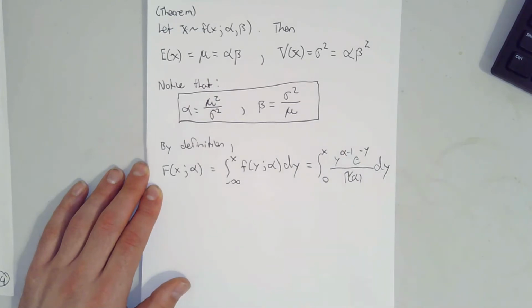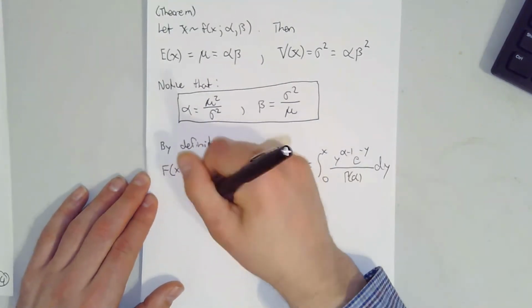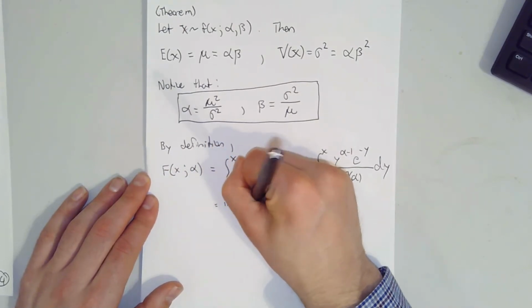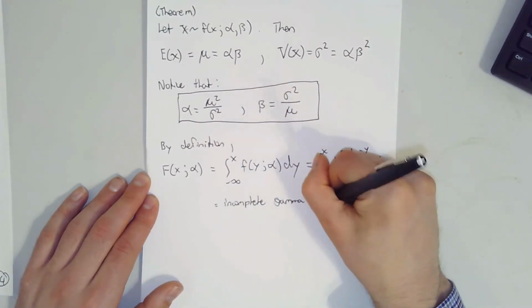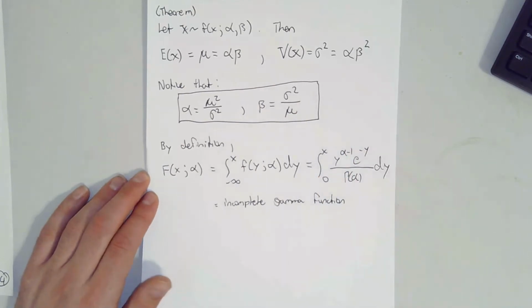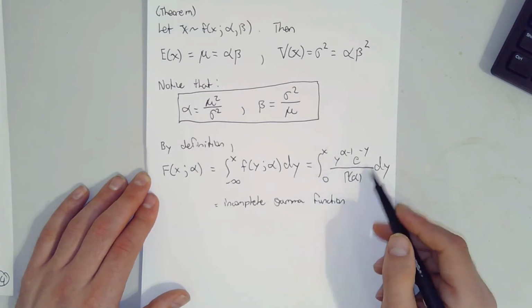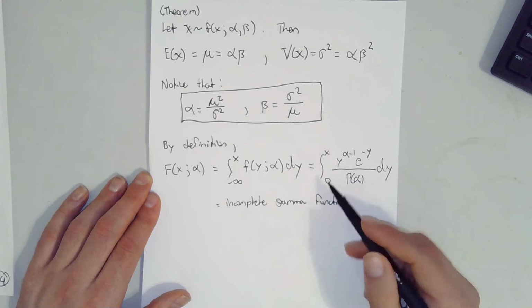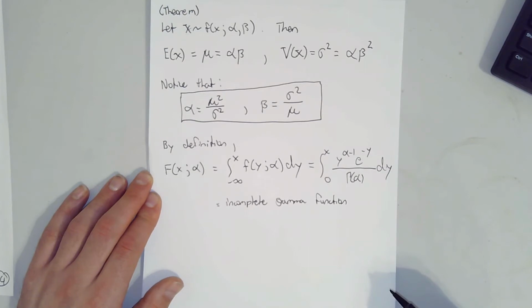And this thing also has a name. It's called the incomplete gamma function, or actually, the incomplete gamma function up to a constant. Because if we factored this out, you get something very close to the gamma function, but not quite, because it's not 0 to infinity, it's 0 up to x. So it's just part of the positive number line here.